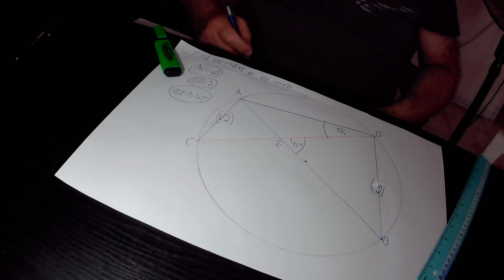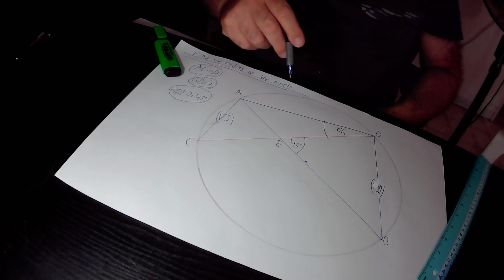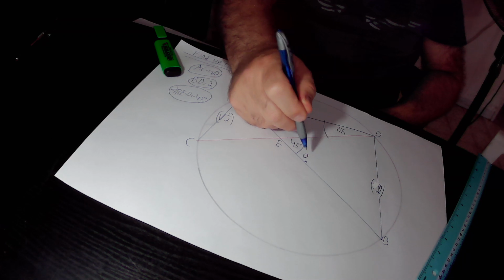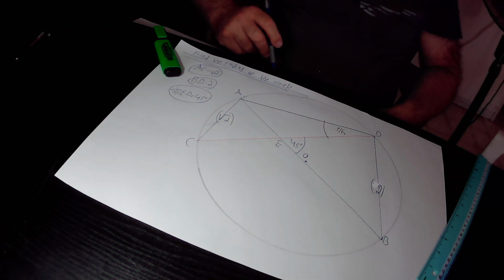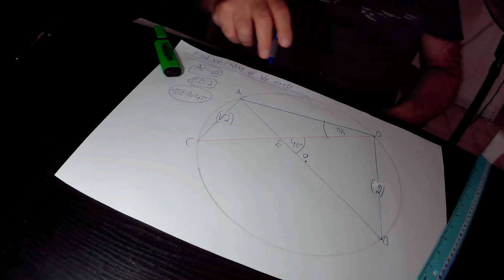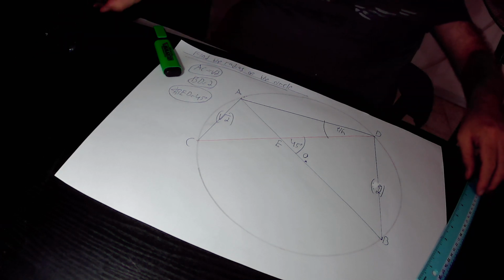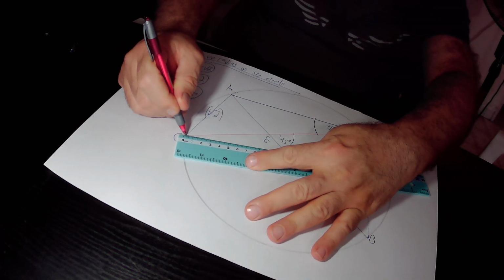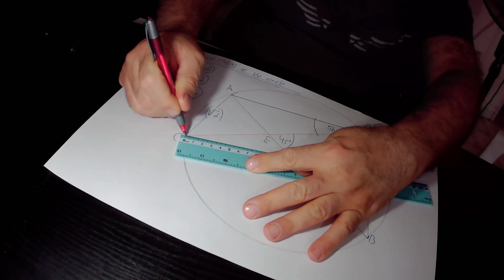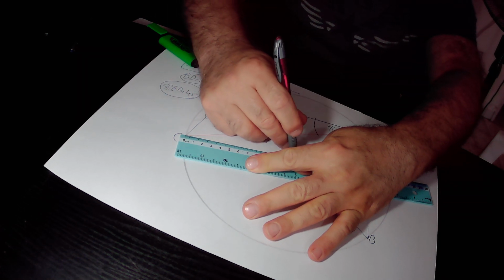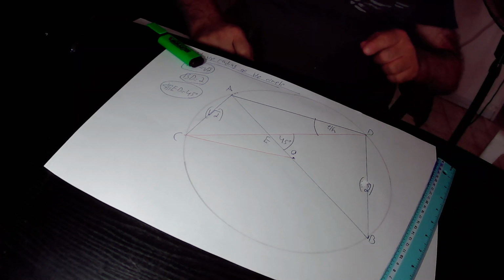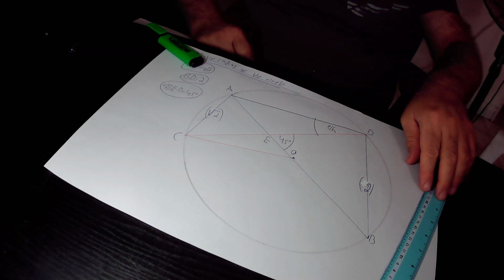In the next step, we define the center of this circle. This point is point O. And we will join points O and C together by a straight line. We will also join points O and A together by a straight line.